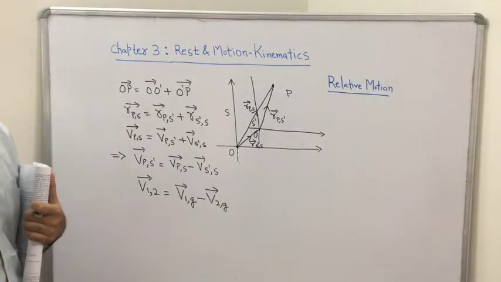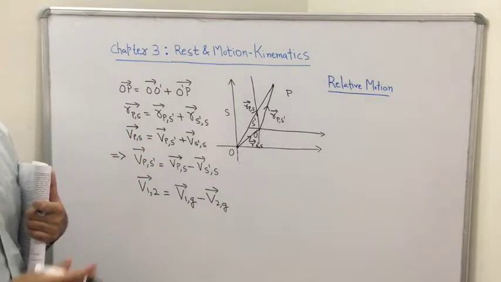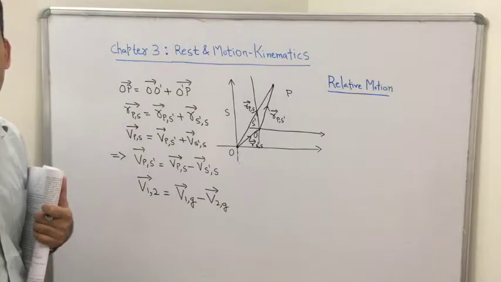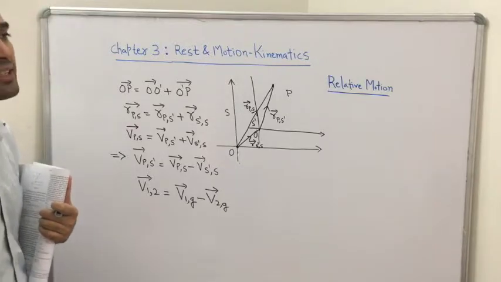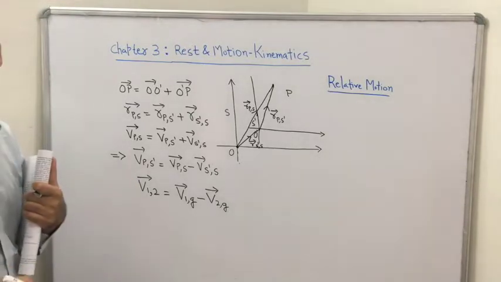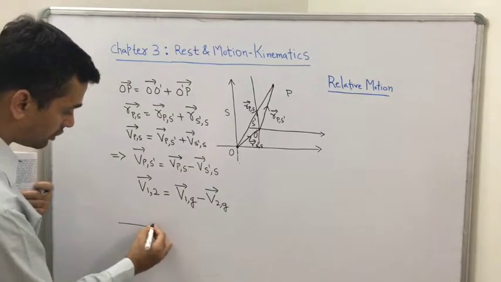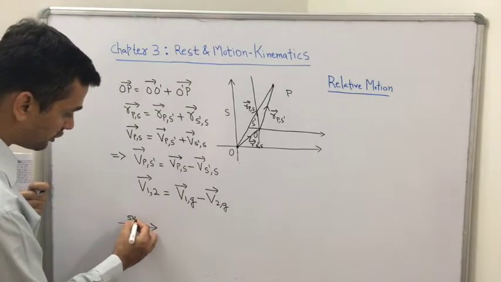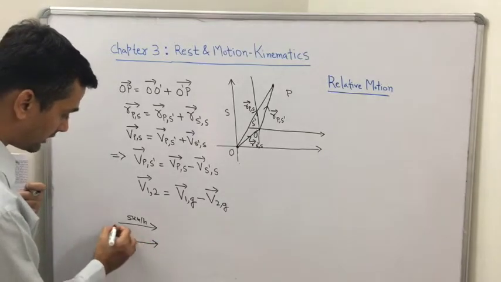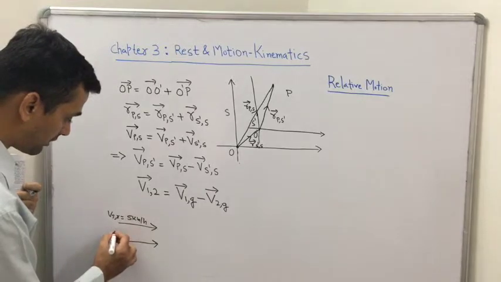Okay, and let's say when I go to a river to swim, the water itself, the down current, is 5 kilometers per hour. So that means that if a person is sitting on the ground and if I start swimming, if I am swimming towards the current, so my velocity is 5 kilometers per hour and the current's velocity is, so velocity of swimmer with respect to river is 5 kilometers per hour.